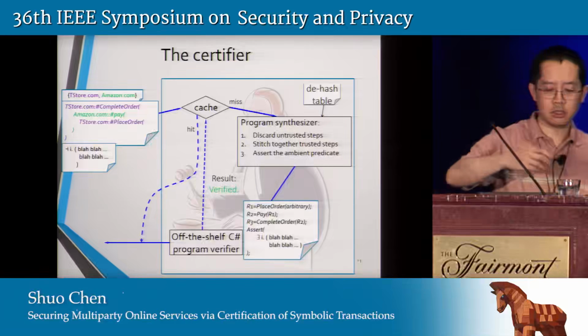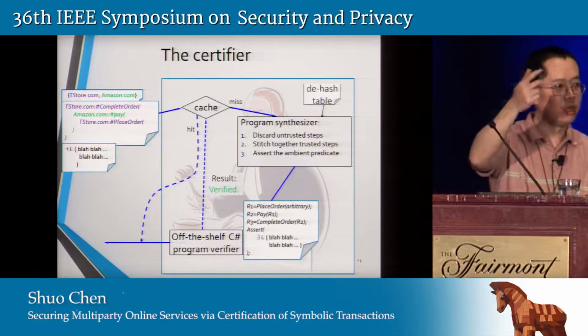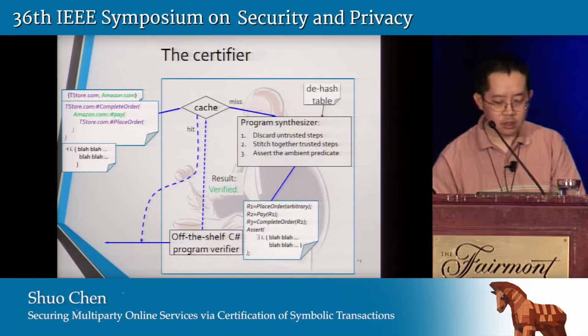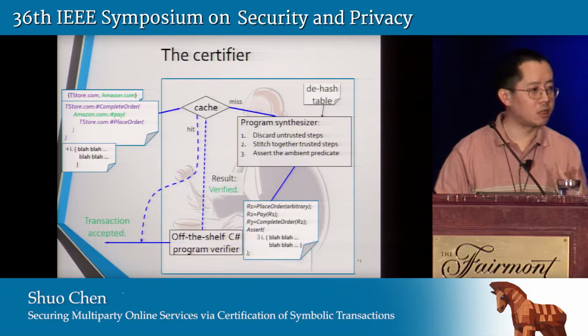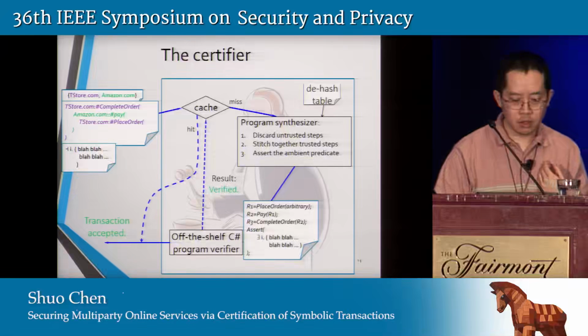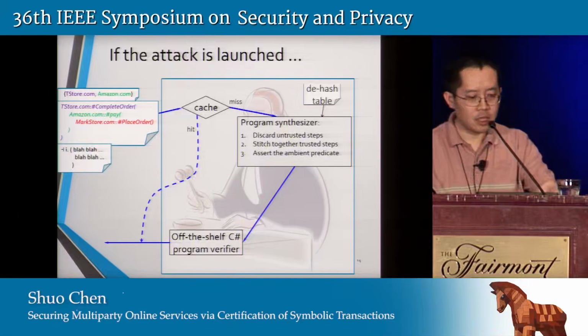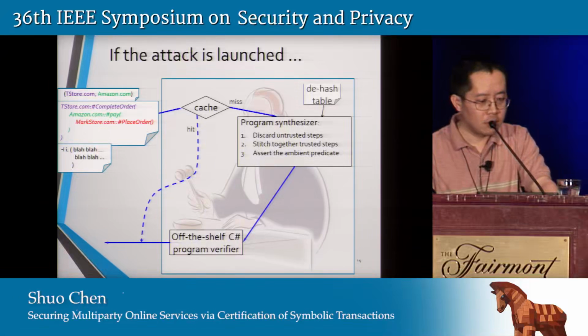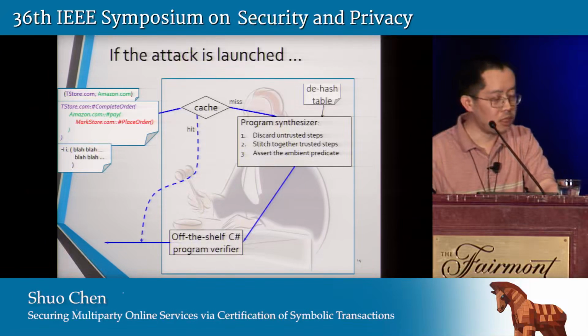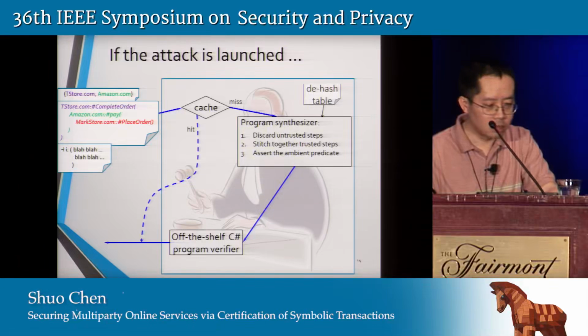Then it writes the verification result into the cache, and in the meanwhile, this transaction is accepted. On the other hand, if the previous attack is launched, then this is the final SymT, and you can see that the first step happens on a party called markstore.com, which is not trusted.